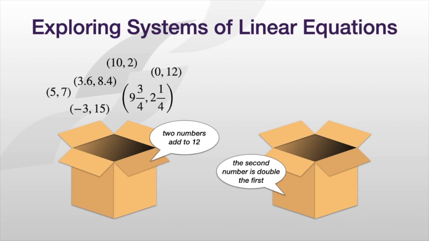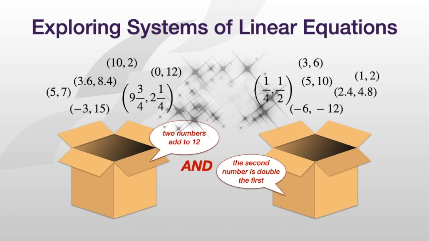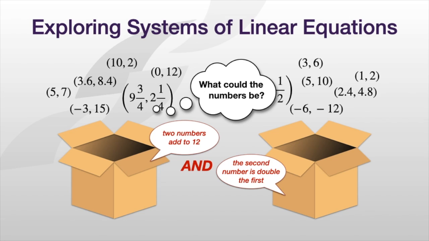Here are just a few of an infinite number of possibilities. A system asks that we consider both relationships at the same time. That is, is there a pair or pairs of numbers that belong to both boxes that make both statements true? Press pause and give yourself some time to think about it.